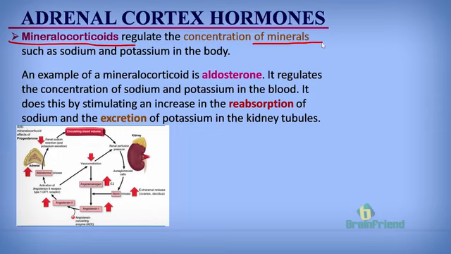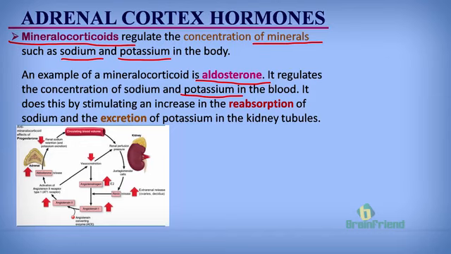Mineralocorticoids regulate minerals such as potassium and sodium. A common example of mineralocorticoid is aldosterone. Aldosterone is responsible for the regulation of the concentration of sodium primarily. As it does this, it also helps to excrete potassium from the blood.